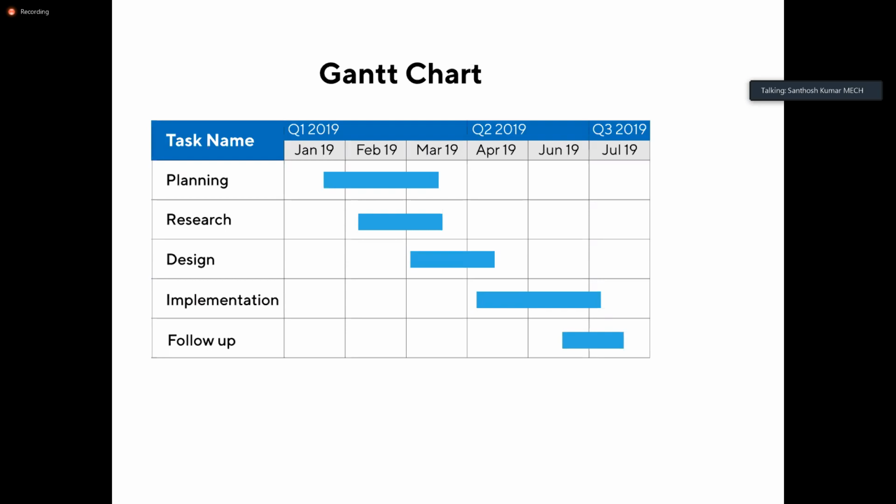Whatever input comes from the research department, they give to the design department, and then comes the inspection stage, from mid-June to July. So this is a single-project chart.